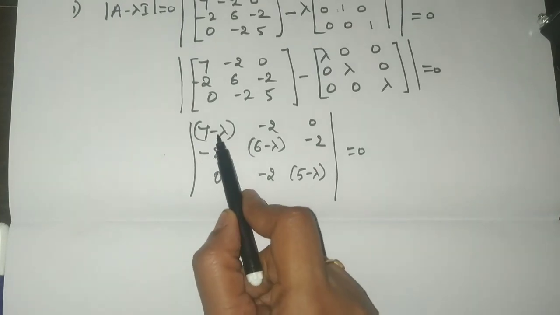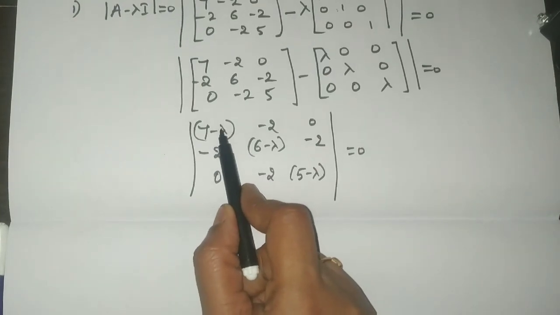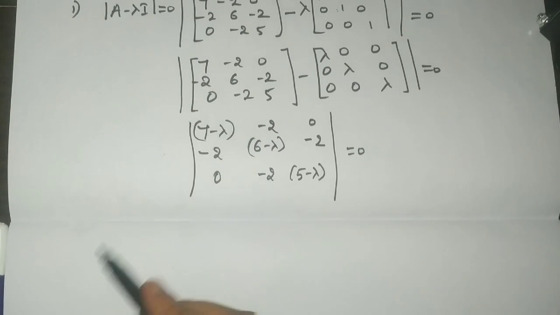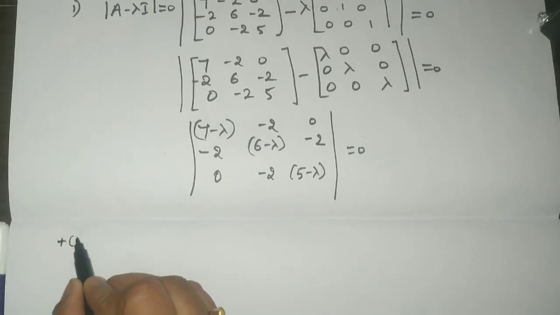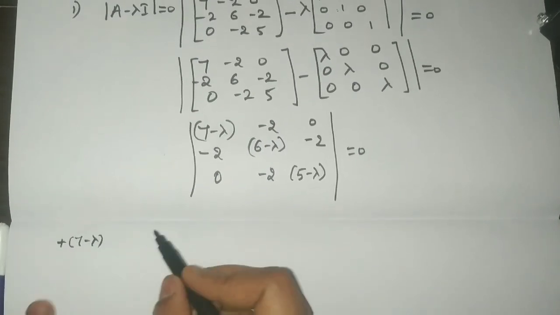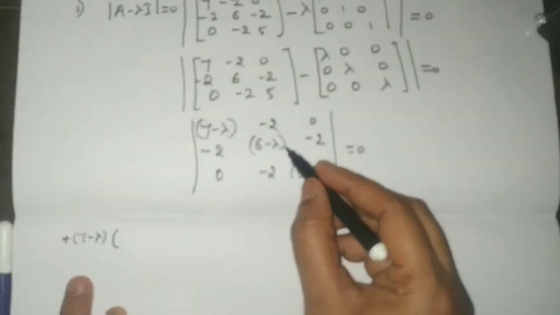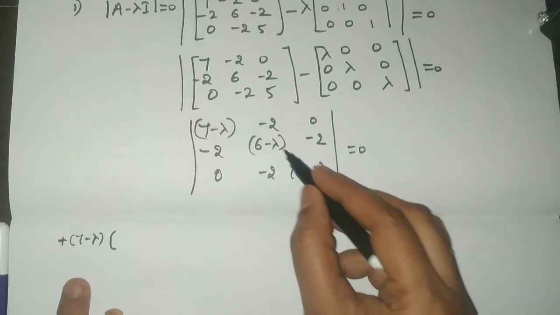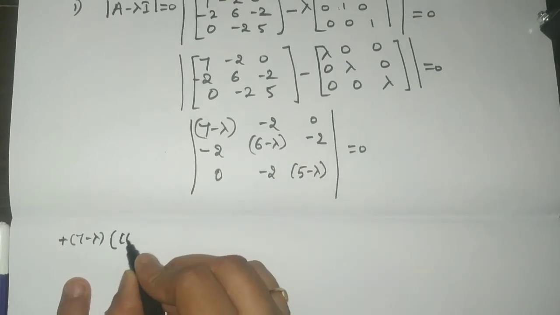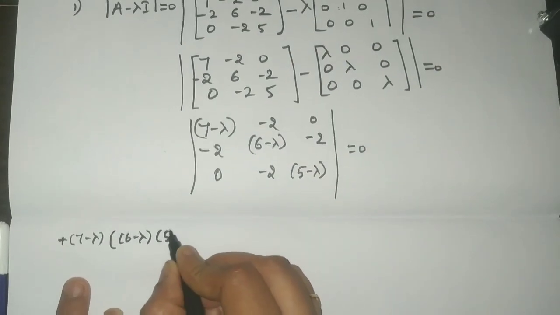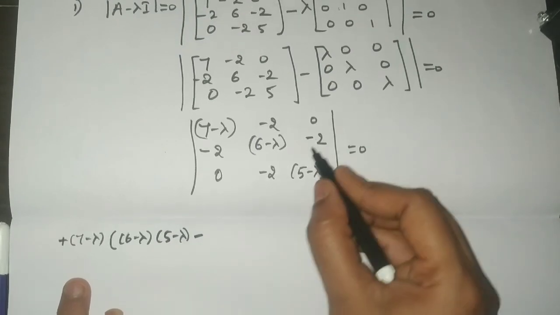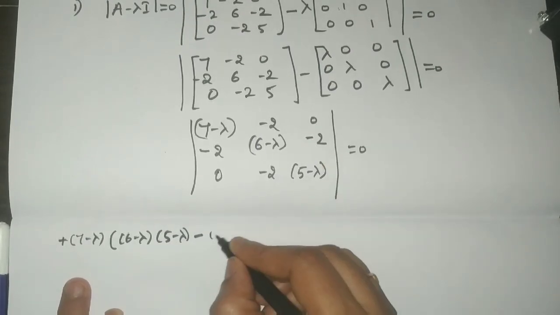To find the determinant, we will start with the first element of the matrix, that is 7 minus lambda. So positive 7 minus lambda. Leave the corresponding row and column. The other minor elements you have to cross multiply. So it is 6 minus lambda into 5 minus lambda, minus 2 into minus 2.